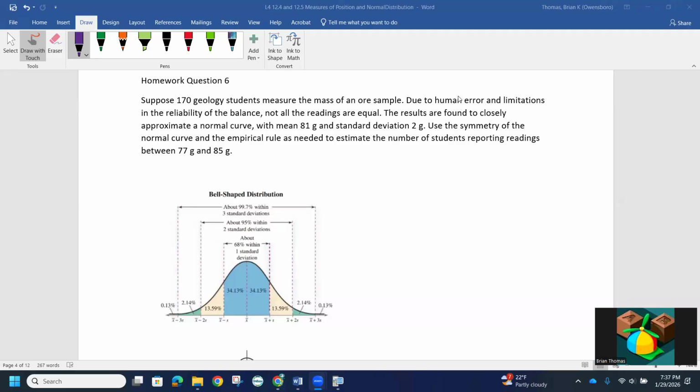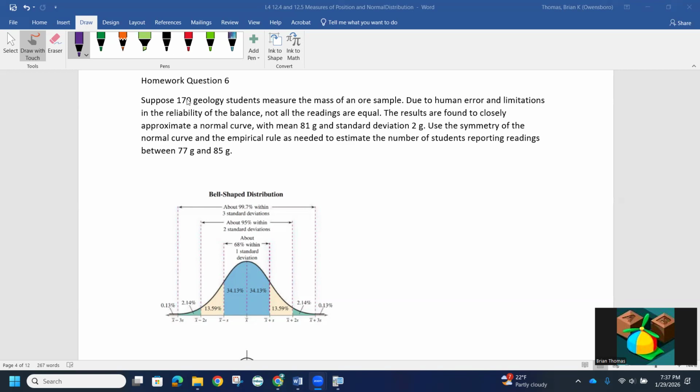So question six. Suppose 170 geology students measure the mass of an oryx sample. So like I said, here we get into some science measurements, biology, or geology, I should say. Due to human error and limitations in the reliability of the balance, not all the readings are equal.